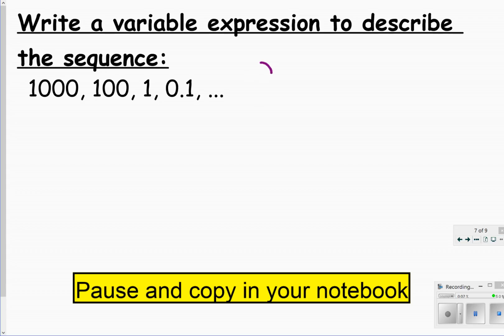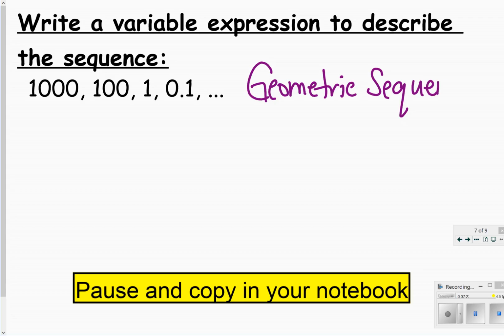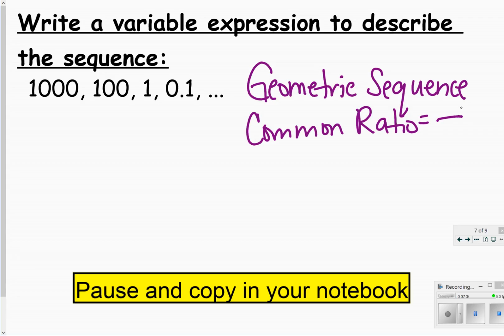That means it's geometric, right? Geometric sequence. Which means then that it has to have a common, and what's the last word? That's right, ratio. Ratio tells us we're going to be multiplying or dividing by a number. So in this case, we're going to be dividing by something.